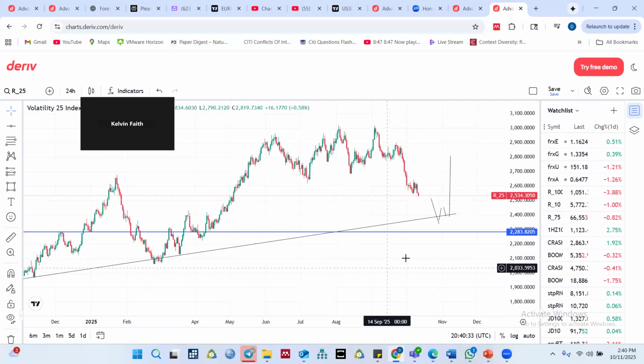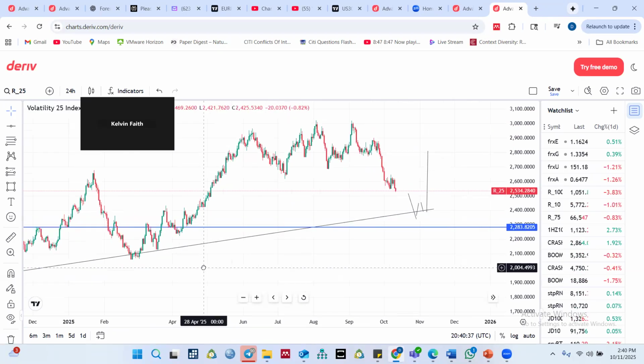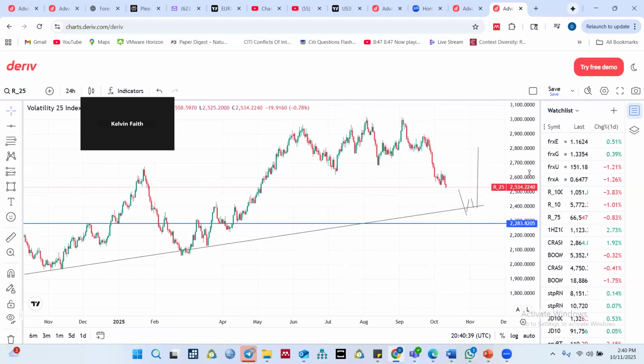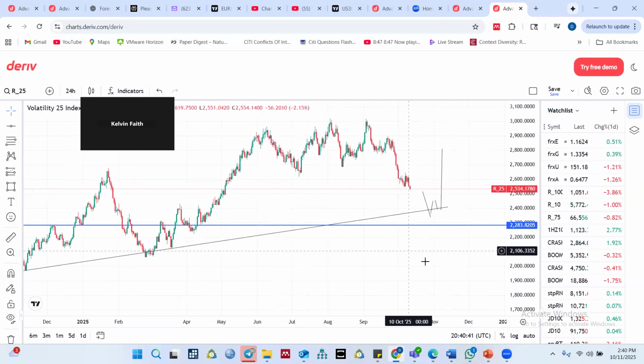Now, what happens when your trend line and your precision support line cross? Let's say this trend line is a diagonal support, and then this blue line is also precision support.